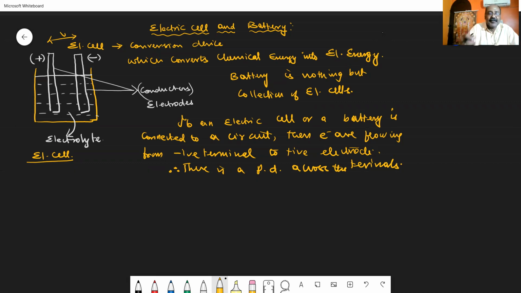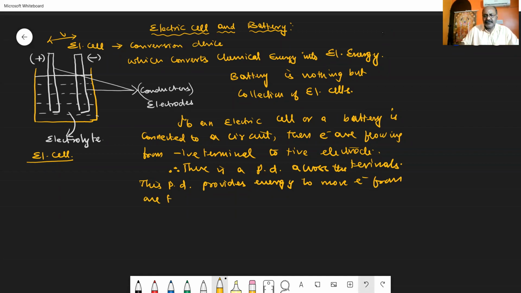That potential difference provides energy to the electrons so that they can move from one terminal to another, or through the circuit.